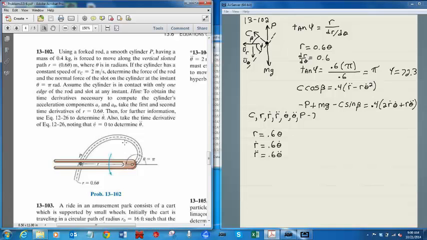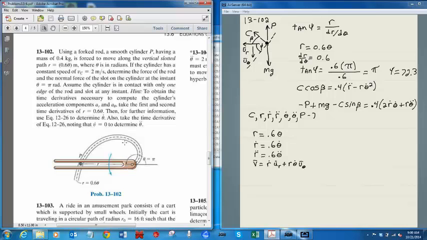I'm also told that the speed is constant. So I'm going to write down the speed in r theta directions. The velocity is equal to r dot in the u_r direction plus r theta dot in the u_theta.